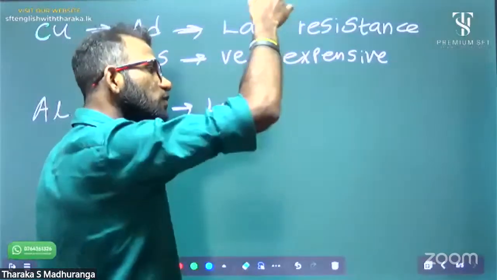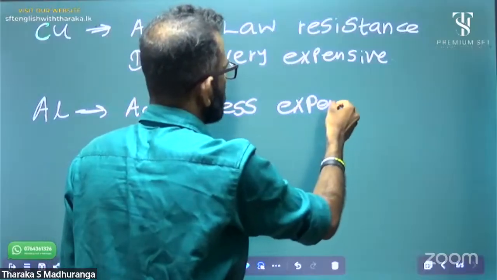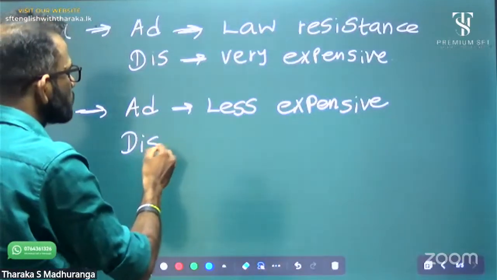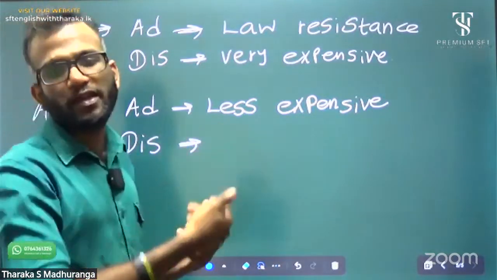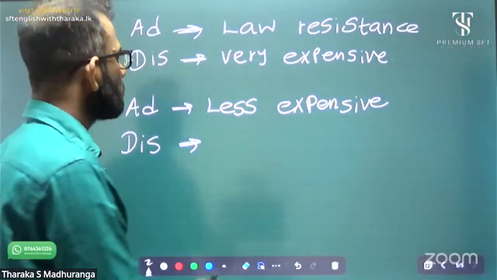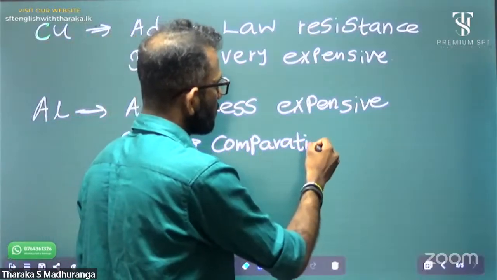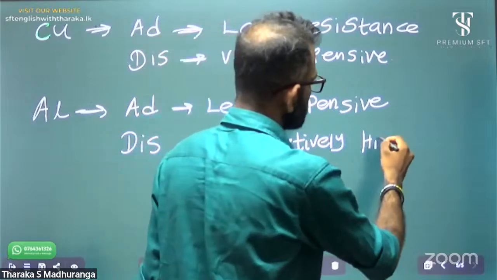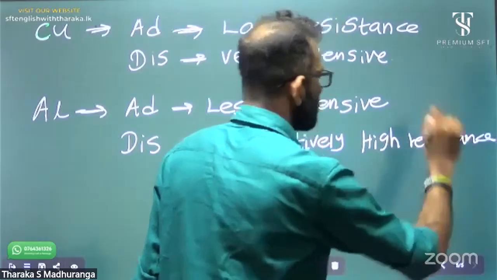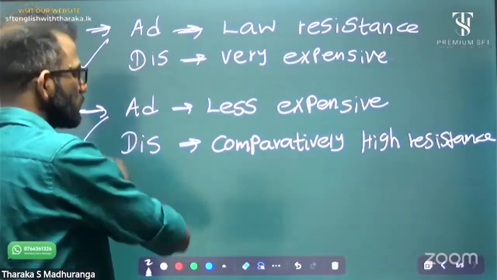That's why we can use it for long distance transmissions. What are the disadvantages? It has comparatively high resistance. Okay, those are the answers. That's all about copper, that's all about aluminium.